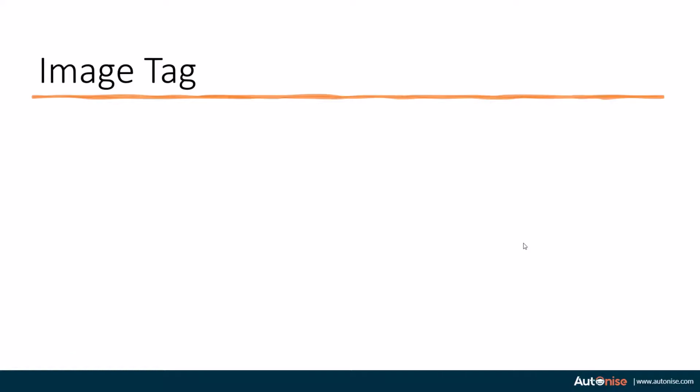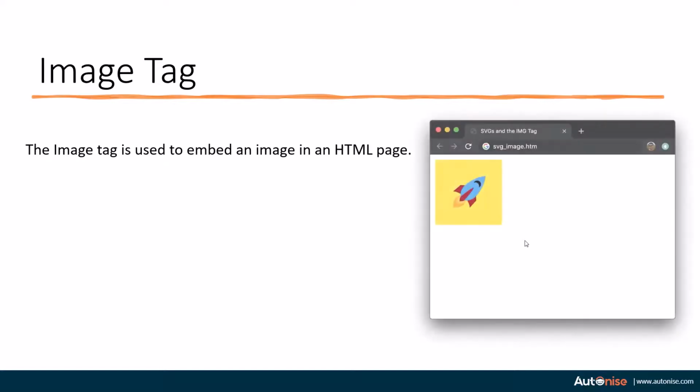So, after having a look at some of the commonly used tags, let's have a look at the image tag. The image tag is used to embed an image in the HTML page. So, if you embed an image, you will see your web page like this.